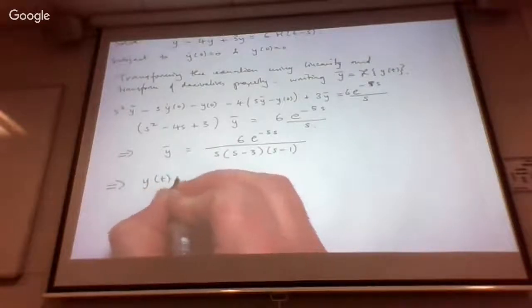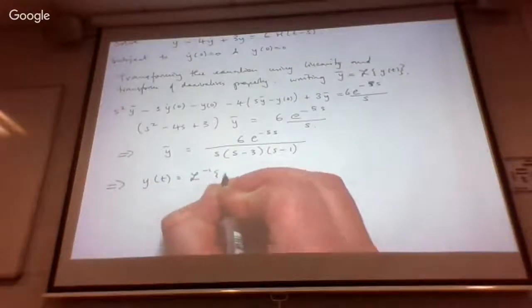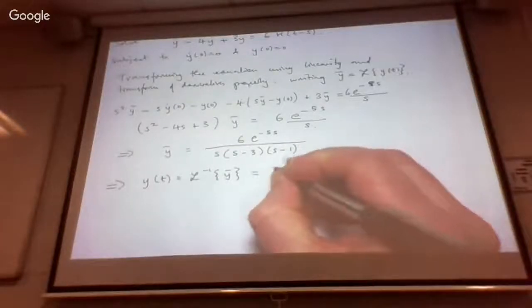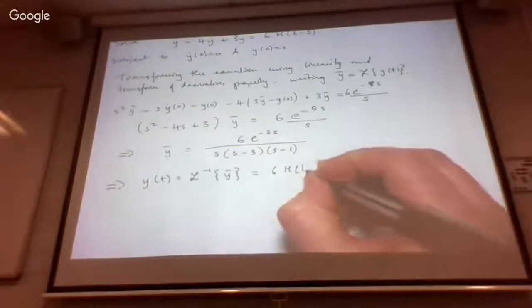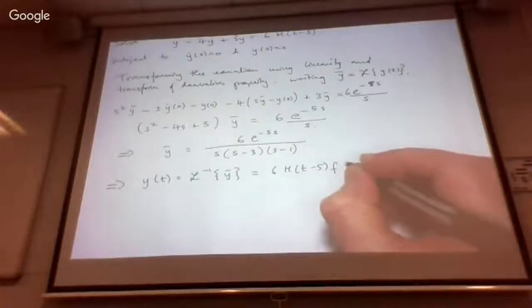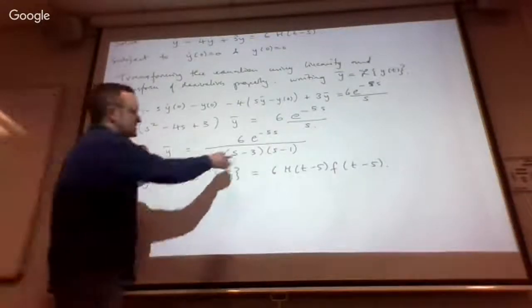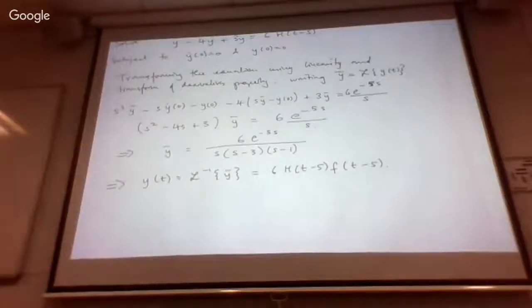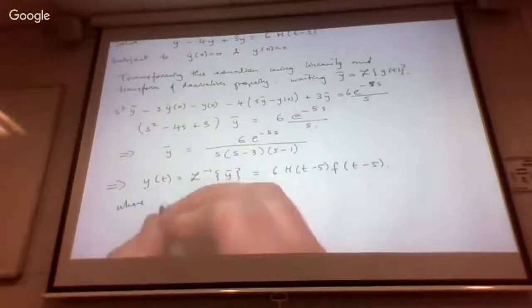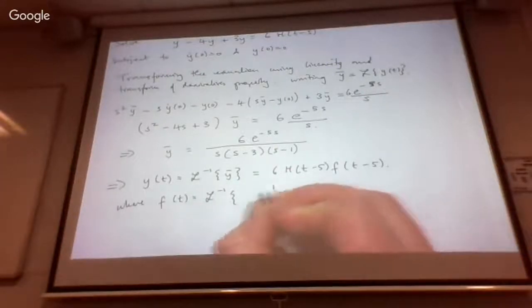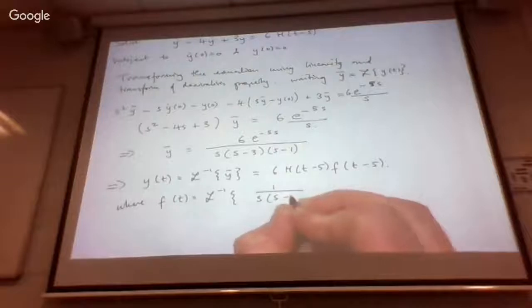So our function y of t is going to be the inverse transform of y bar. Let's bring out the 6 as well. So this is going to be 6 times the Heaviside h of t minus 5 times the function f evaluated at t minus 5. And what is this f? This function f is where f of t is the inverse transform of the other bit, 1 over s times s minus 3 times s minus 1.